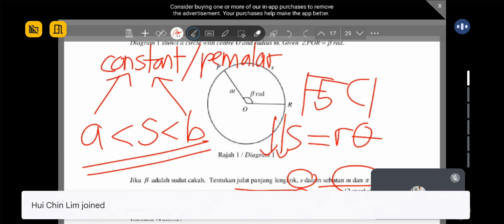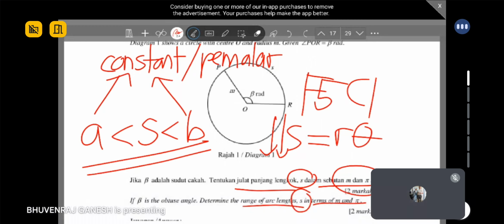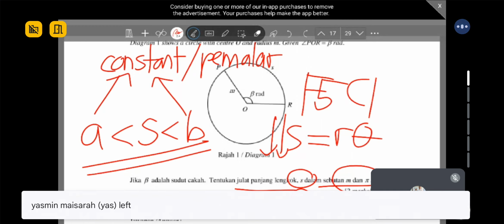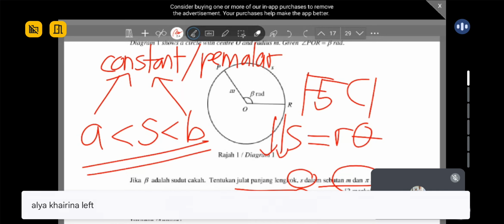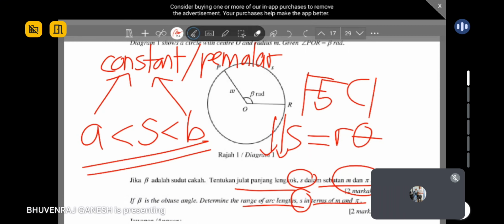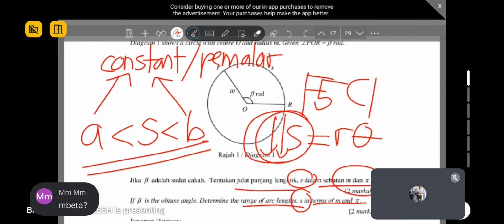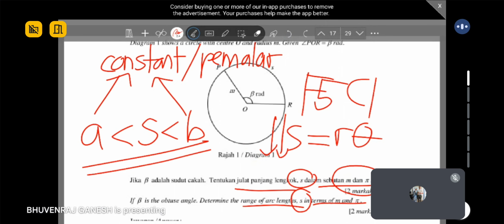Anyone want to try? How to get S very low? Siapa ada jawapan? You want your S to be low, guys. Kamu kena hati-hati. Soalan ada bagi tahu nak bagi jawapan dalam sebutan beta?